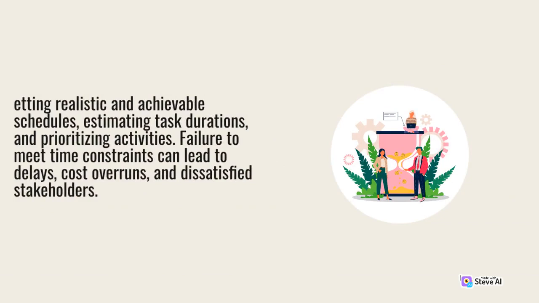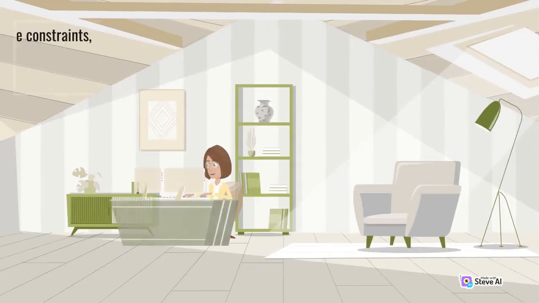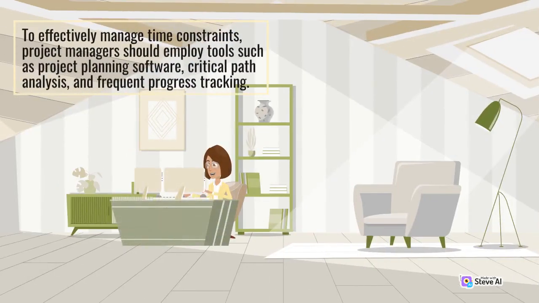Failure to meet time constraints can lead to delays, cost overruns, and dissatisfied stakeholders. To effectively manage time constraints, project managers should employ tools such as project planning software, critical path analysis, and frequent progress tracking.